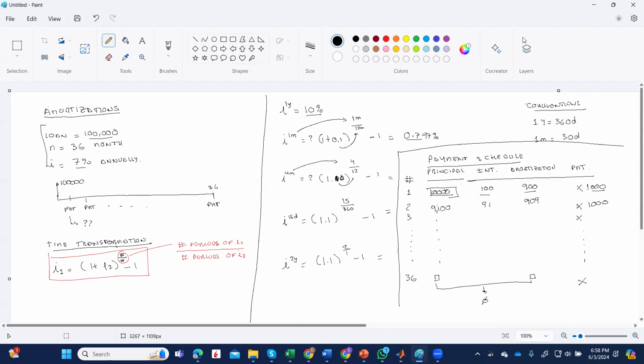This is a table that simply tells you how much money you owe at every point in time, how much money you are paying in interest, and what your payments are. And your payments are going to be constant for the sake of these examples. Got it? So this is what we try to build. We try to build a payment structure.